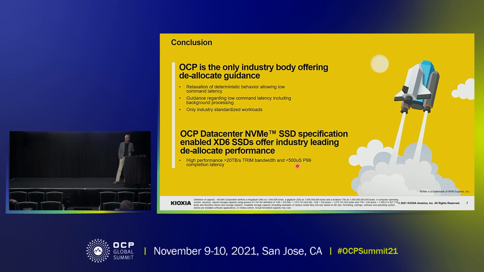Did you want to? NVMe says that you have to report whether you do 1s or 0s in there. That's correct. Even though it says you have to be deterministic, you still report the value, which actually matches OCP. So let me repeat the question because I know it's being recorded and they can't hear you.